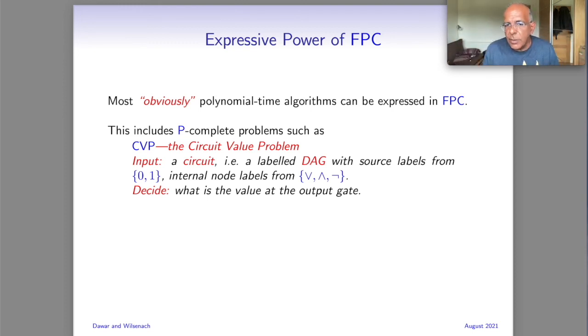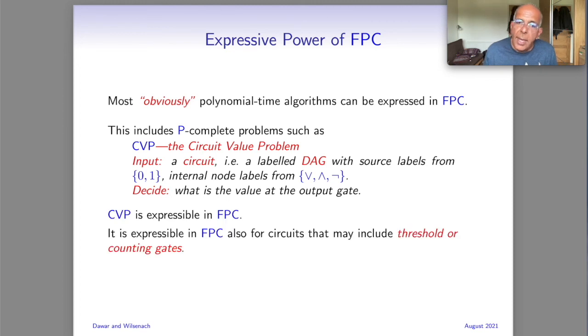And this is actually a simple induction, easily defined with a fixed point logic. You don't need counting. And you can decide whether the output is a 1 or a 0. If, along with and, or and not, you allow either threshold or counting gates or majority gates, then you need the counting mechanism in fixed point with counting to express the problem, but it is still within FPC.